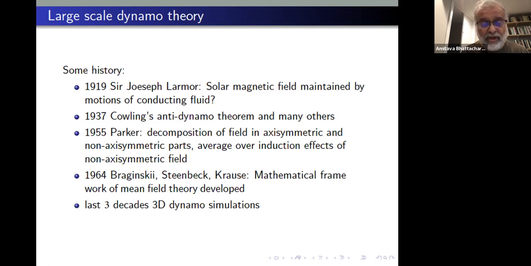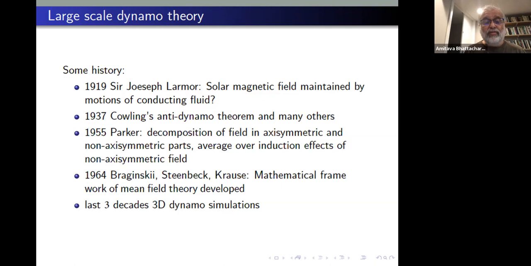Well, in 1955, Parker, as he often does, through an intuitive leap of the imagination, pointed to a basic mechanism in which you could decompose the field into axisymmetric and non-axisymmetric parts, and by some sort of an averaging, which broke the symmetry, you could actually have a dynamo mechanism.